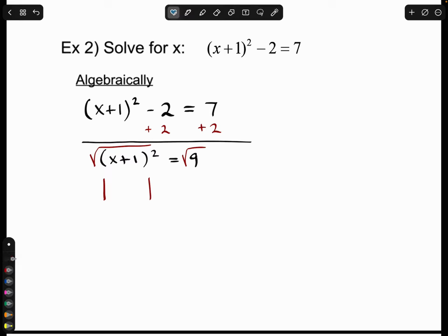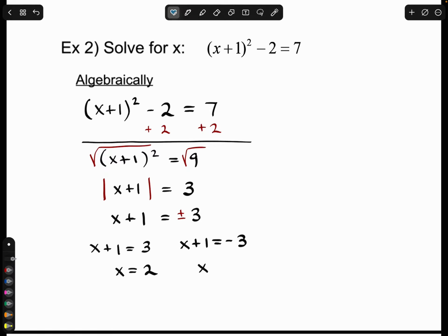Now remember, the square root of something squared will give us the absolute value of what's inside. So we have the absolute value of x + 1 equals 3, so x + 1 should equal positive or negative 3. Then we'll just set up each of those equations and find our answers.